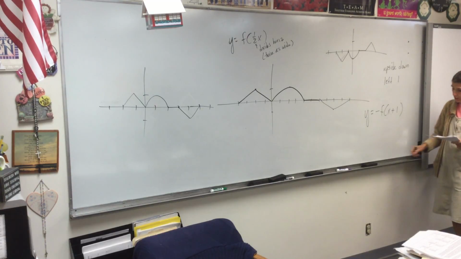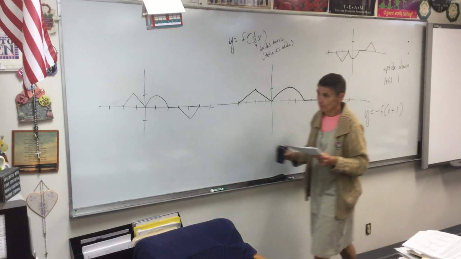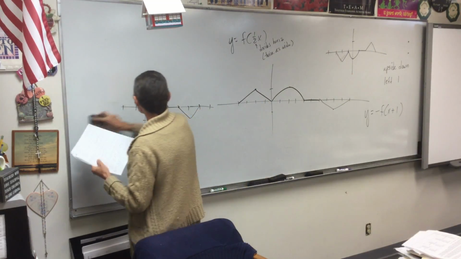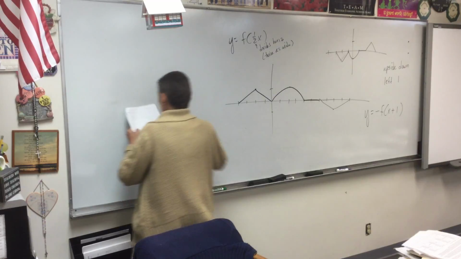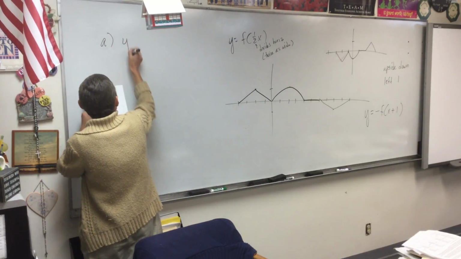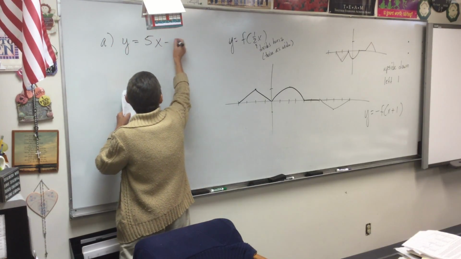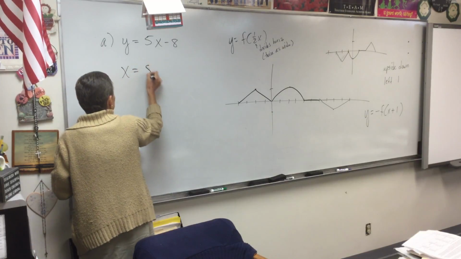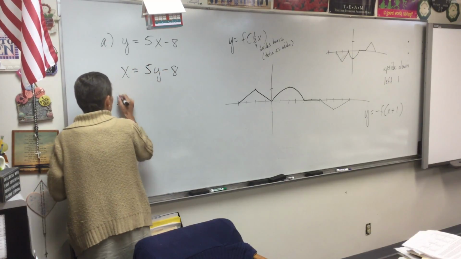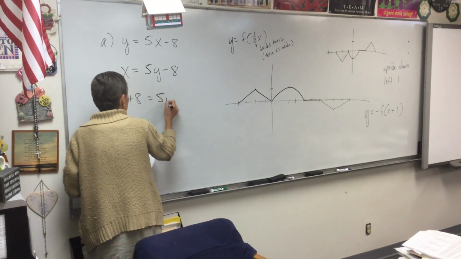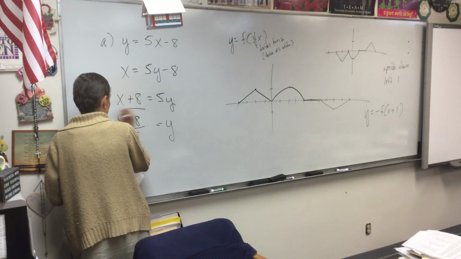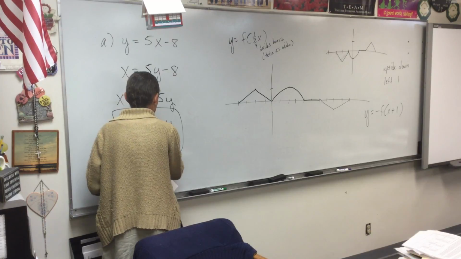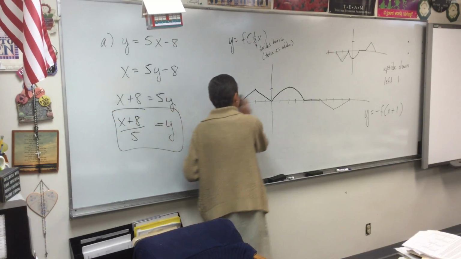All right, good. Now we're going to find the inverse of all of these. And for each of them, if you want, you can switch your variables and solve for y. There's your inverse. That was easy.